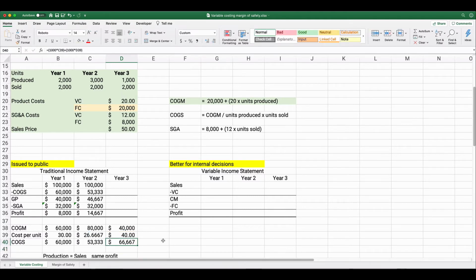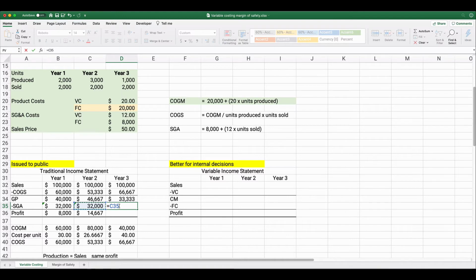So that's going to be 66,667. So year three, we still have 100,000 in sales. We're going to have cost of goods sold, but it goes up, and so our gross profit goes down to 33,333. Our SG&A is still going to be 32,000, and if we subtract this out, 33 minus 32, we're talking barely a profit of 1,333.